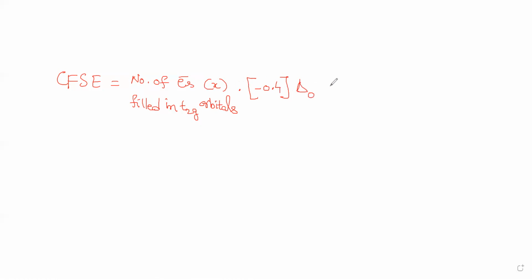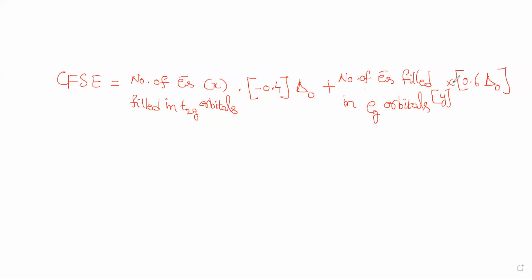Plus the number of electrons filled in EG orbitals. Let us say this number is y, into 0.6 delta naught. This is the exact formula.